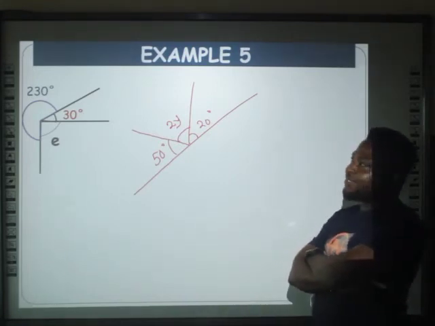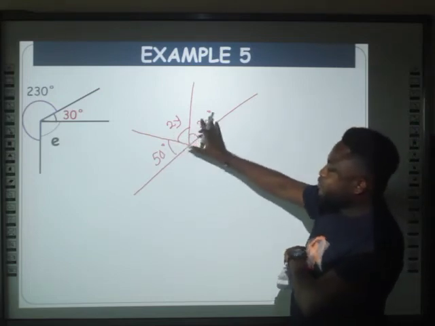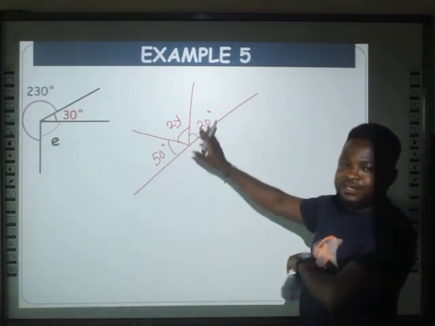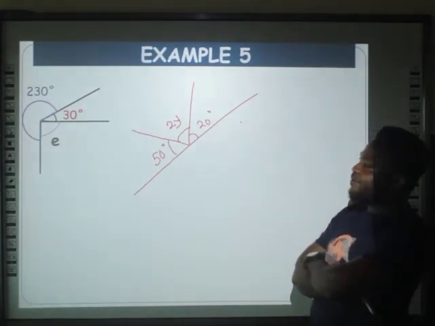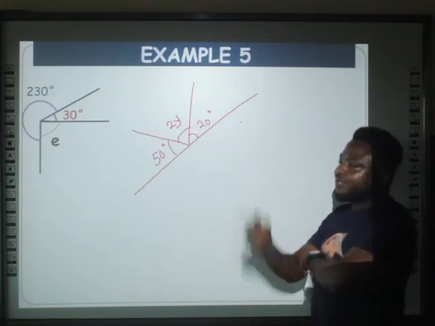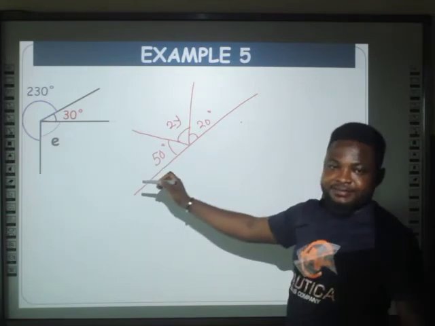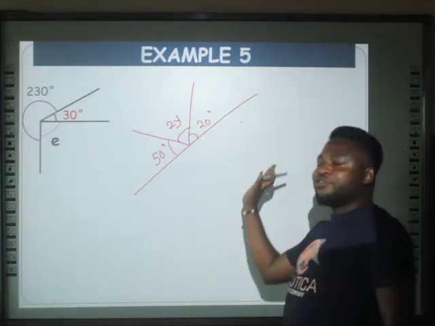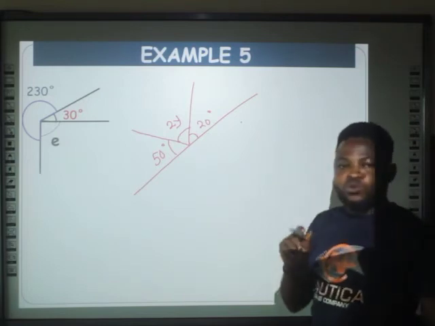Of course, remember that this is a straight line and you have 3 angles on a straight line that will add up to 180 degrees. Now, let's do justice to this problem. Since this is a straight line, regardless of the orientation of the line, as long as it is a straight line, they will all add up to 180 degrees.